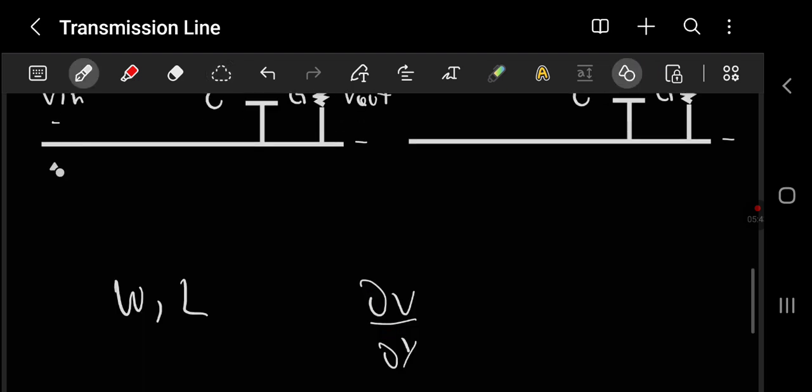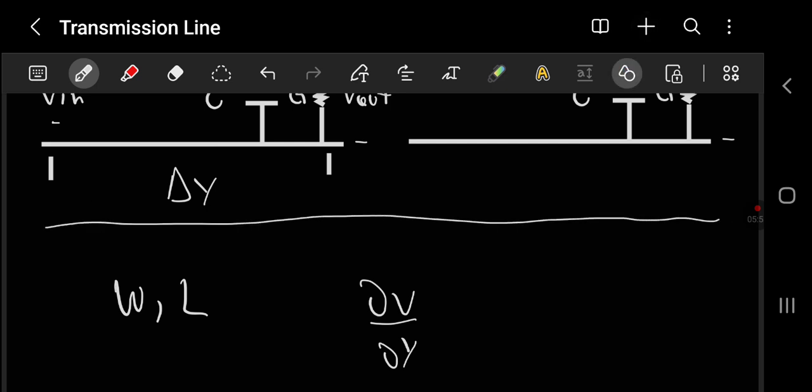And I forgot to draw right here, which we call delta y, and the total length is l.